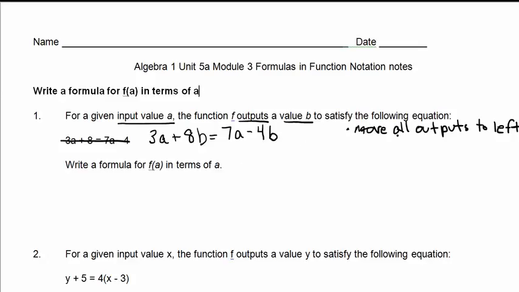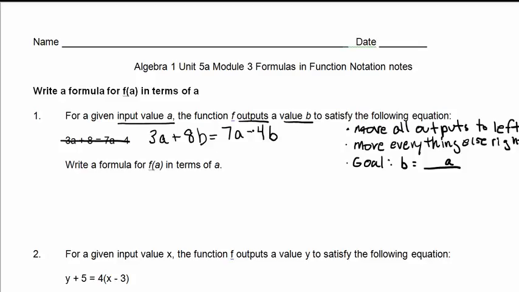Anything that's an input value or anything that's not an output value, we're going to move everything else, including the input values, to the right. Our goal here is to solve for b. We're going to try to get an equation that looks something like this: b equals stuff. And there's going to be an a somewhere in this equation.